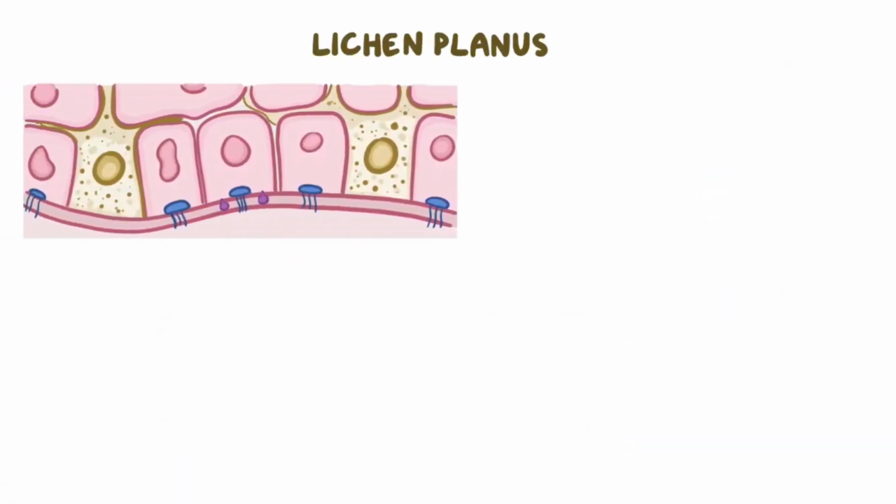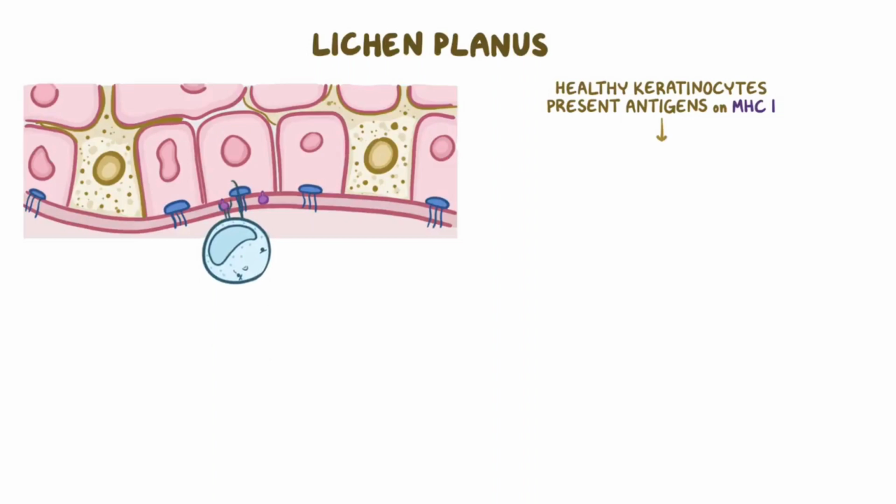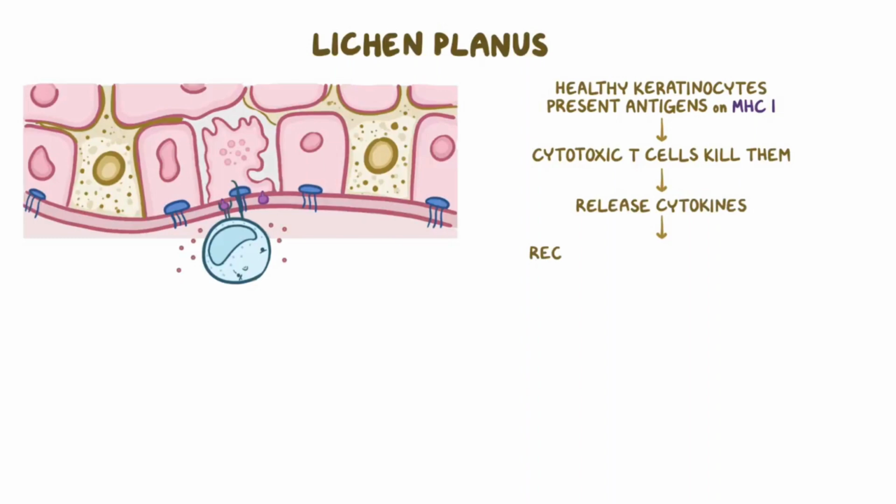In lichen planus, some healthy, non-infected keratinocytes start presenting antigens on MHC1 molecules, and it's unclear why they do that. This antigen presentation on MHC1 molecules enables cytotoxic T cells to attack these keratinocytes and kill them. In killing the keratinocytes, these cytotoxic T cells also release cytokines, which recruit more cytotoxic T cells to the scene.